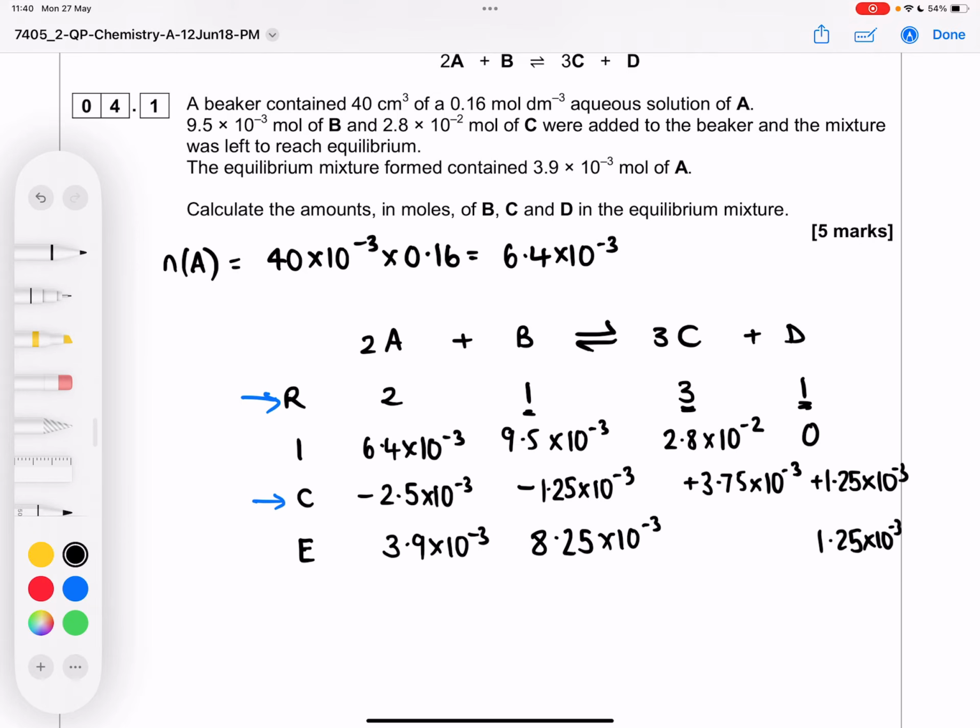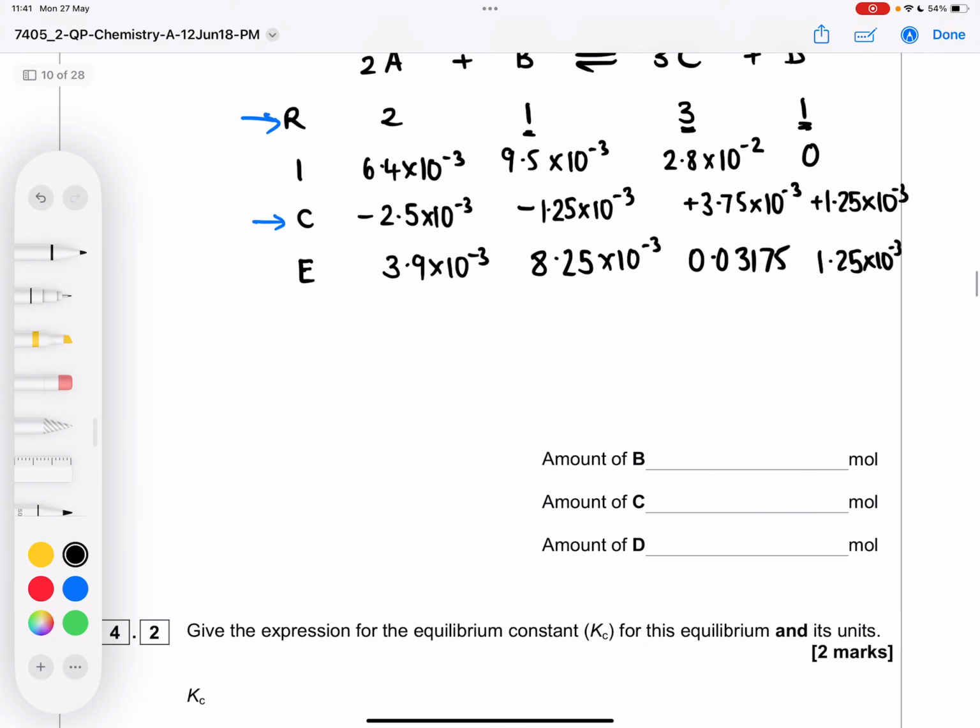One of them's times 10 to the minus 2, and one's times 10 to the minus 3. My calculator's giving me 0.03175. So I can put my answers on the line. 8.25 times 10 to the minus 3. 0.031, I could write 75. I could round up to 318 because 3 significant figures in the rest of the question. At this point, it wouldn't matter.